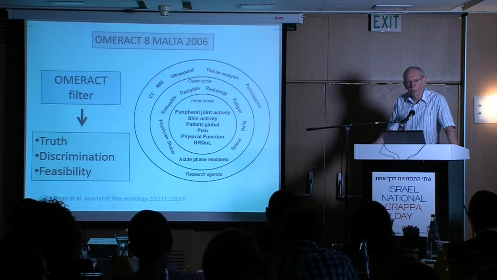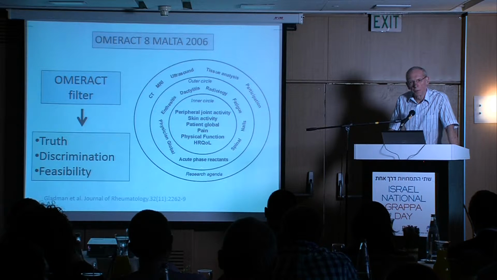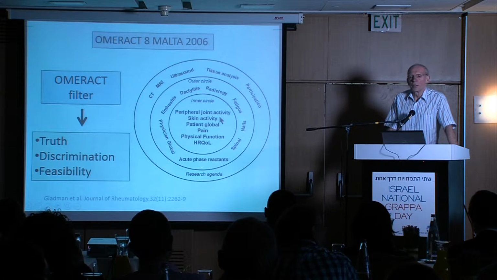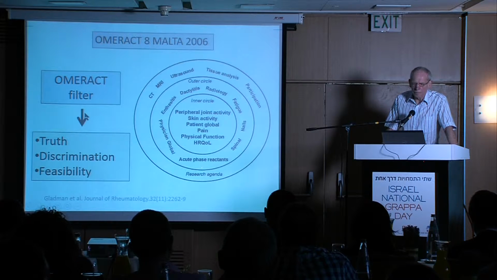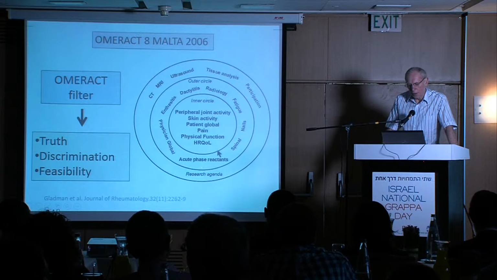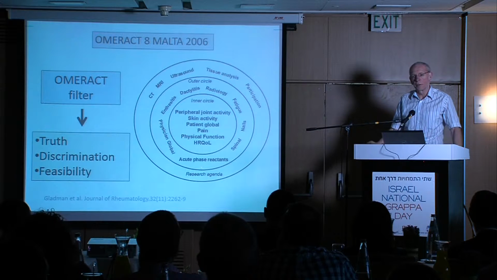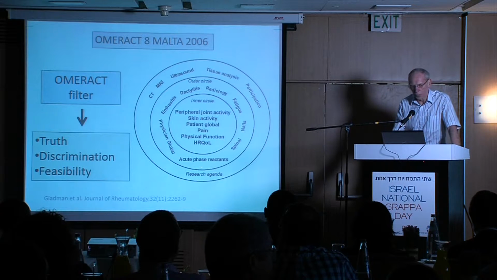Does it show difference with treatment? Can it tell one group from another? And is it feasible to do? So each of these individual domain measures is examined with the filter. And if we want to put together a composite measure that actually combines all these together, that is also examined with the OMERACT filter. And you'll see how that fits in later on.